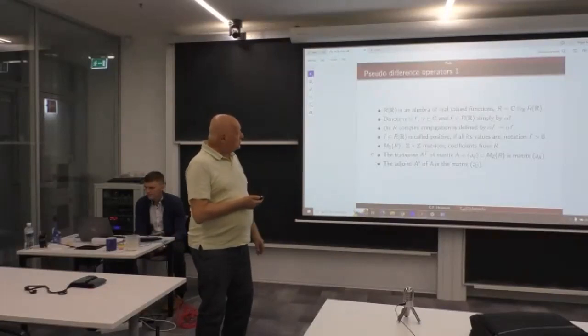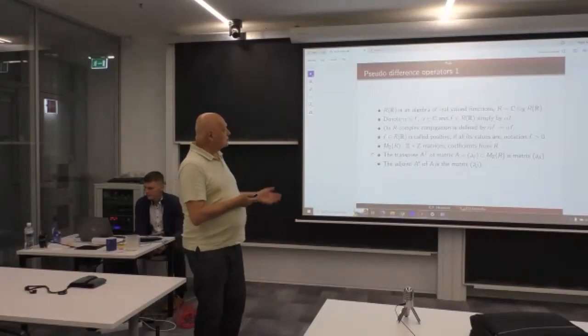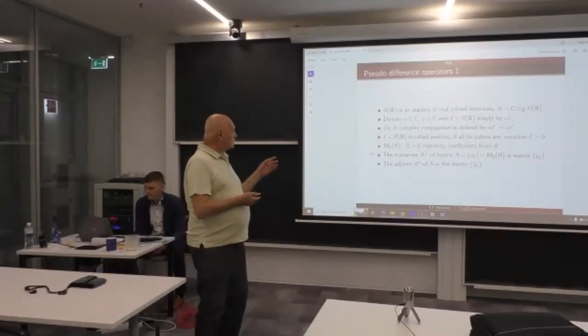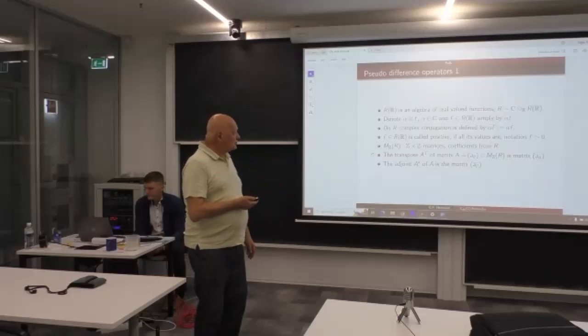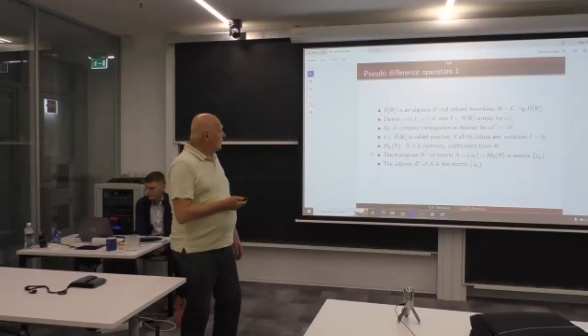Now you can introduce complex conjugation on the algebra R, and you do that on the complex component of this tensor product. You can also speak of positive functions. Those are all functions that have in every point a positive value.